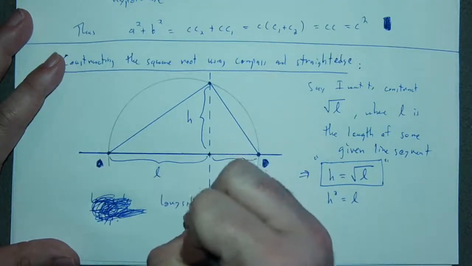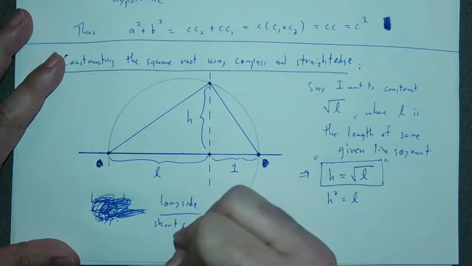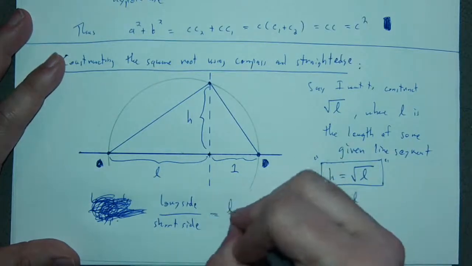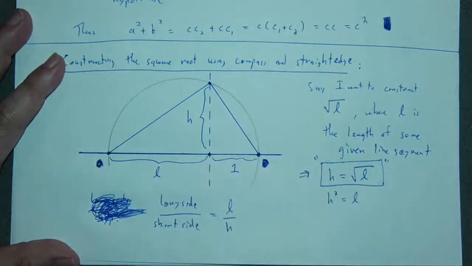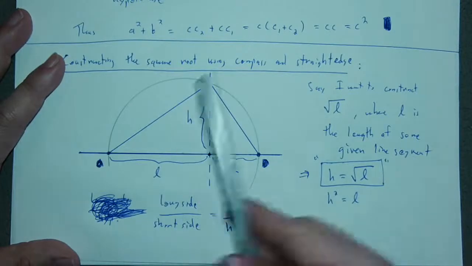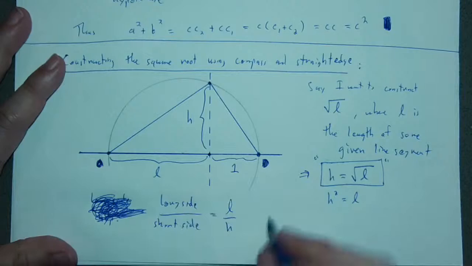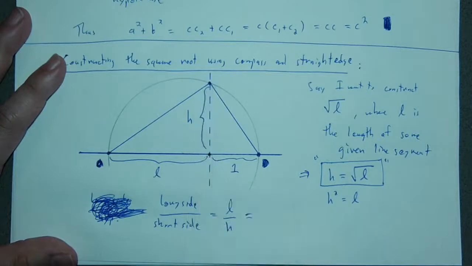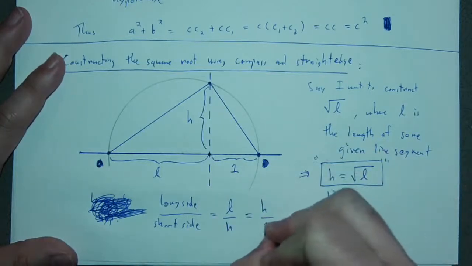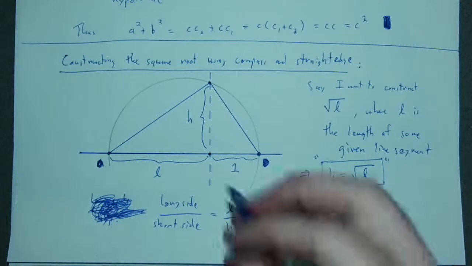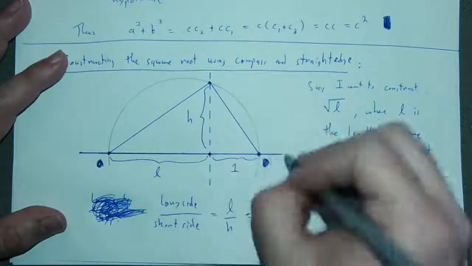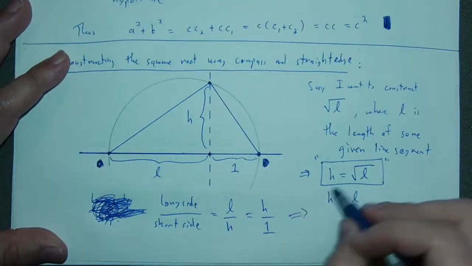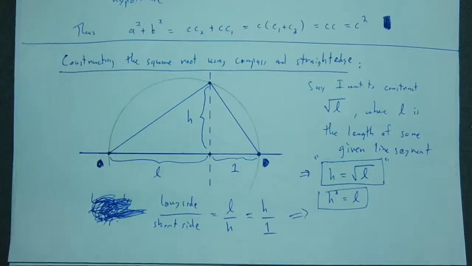So long side over short side here is L over h. That's in my triangle on the left. But in the triangle on the right, what is long side over short side? In the triangle on the right, long side over short side is h over 1. So the two triangles I'm comparing are the one on the left and the one on the right. But L over h is equal to h over 1, which implies, hey, h squared is equal to L.